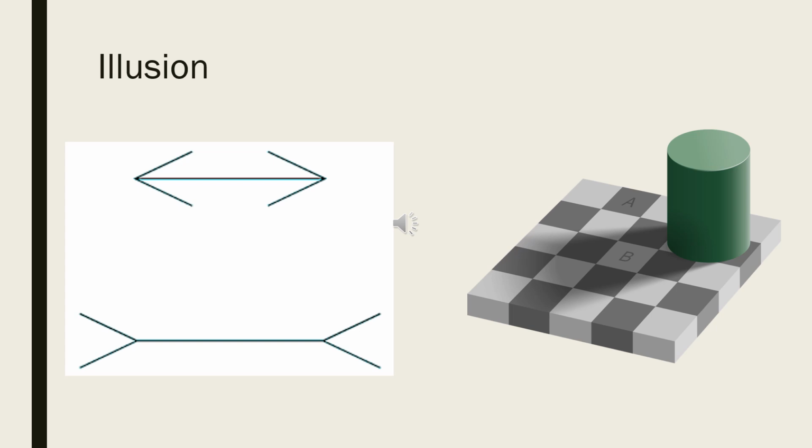That is a trick that your mind is playing on you. Similarly, with the figure on the right, the A and B squares are actually of the exact same color, same shade and everything, even though it looks, for the life of you, that B is a lighter color than A.